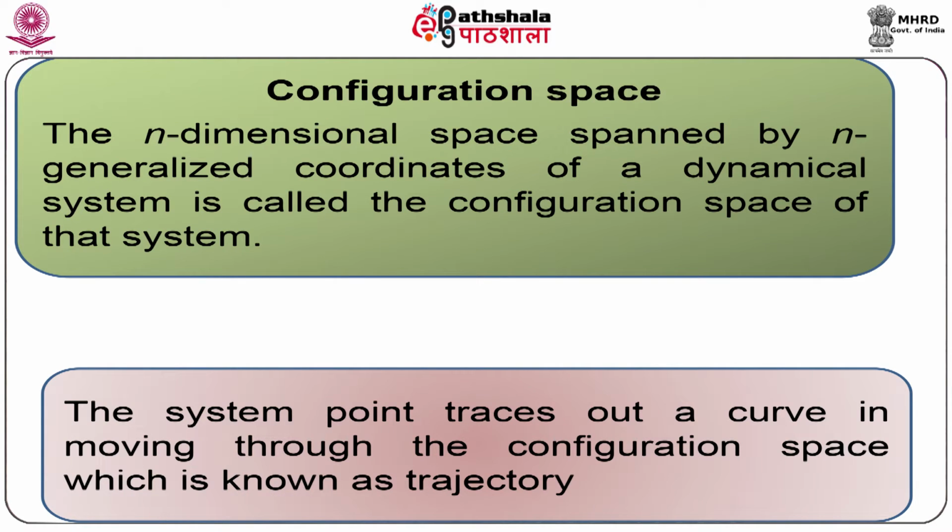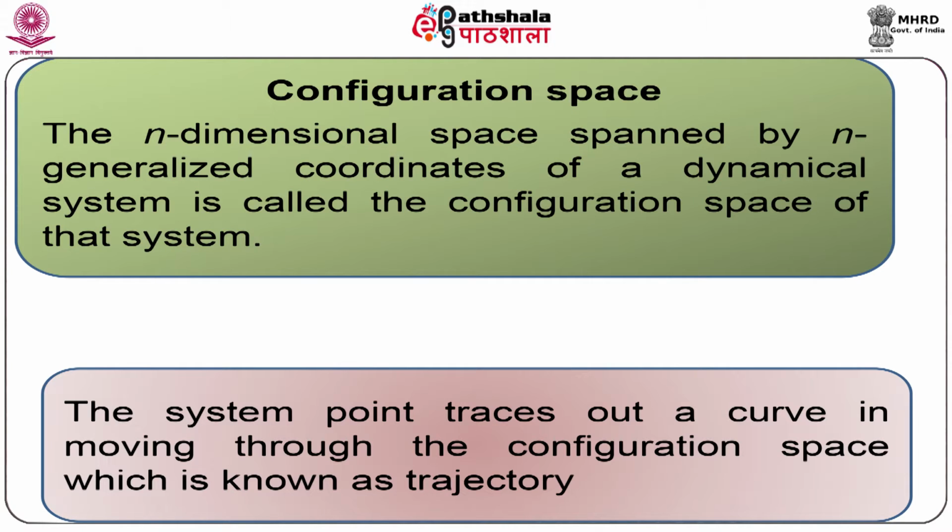Now, we shall define configuration space and phase space. The instantaneous configuration of a dynamical system is described by the generalized coordinates. The n generalized coordinates small q1, small q2 up to small qn correspond to a particular point in the n dimensional space.